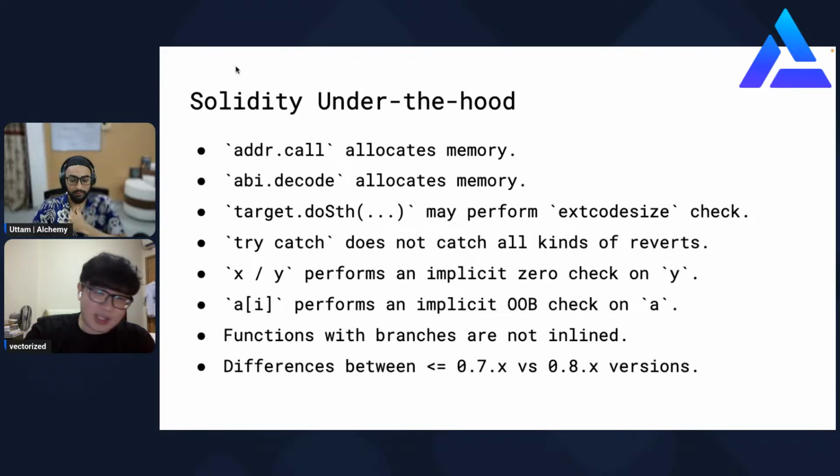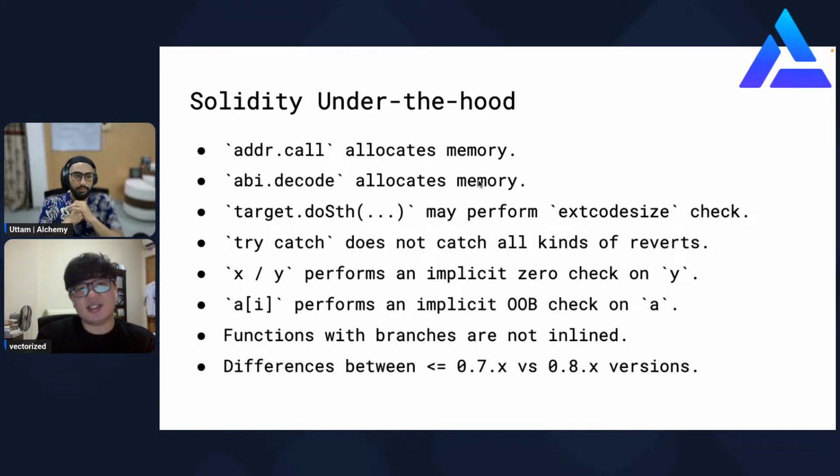You might want to know where Solidity inserts hidden overheads. For example, if you use address.call, you allocate memory for the return data. If you use abi.decode, it also allocates memory if the decoded data has some dynamic types. If you use target.doSomething, this might perform an extcodesize check, which is 100 gas, I think.